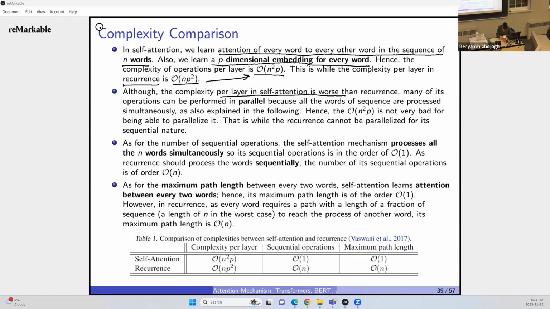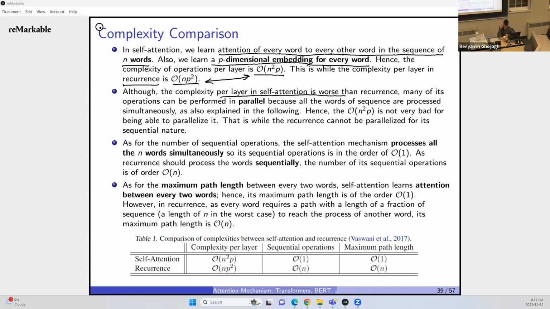Can you compare these two? Which one is worse? Usually n is larger than p, I believe, right? That's why O(n squared p) is worse than O(n p squared), right? N is the number of words, right? So you might say attention became worse in terms of complexity.